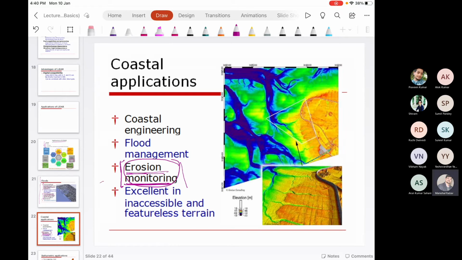Okay, and similarly, we also have its application in mining. In mining also, we work along the same line. First, in the area where you want to do the excavation work, mining related excavation work, before the activity, do the laser scanning and generate a 3D surface.